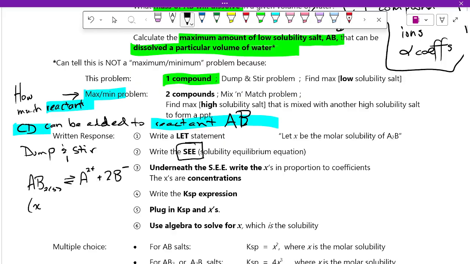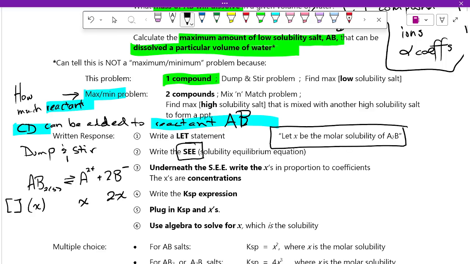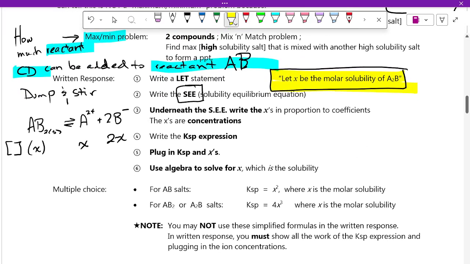Our concentrations are X, X, and 2X, where X is the molar solubility of AB2. And then you just chuck everything into the KSP and solve for X. Once again, in the multiple choice, you can just go straight to the formula. KSP is equal to solubility squared. Or for an A2B or AB2, KSP is equal to 4 times the solubility cubed.